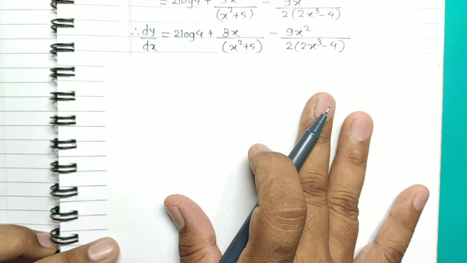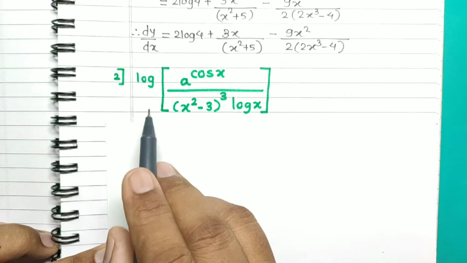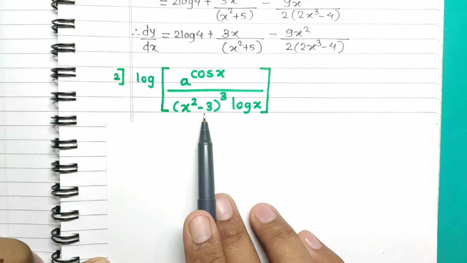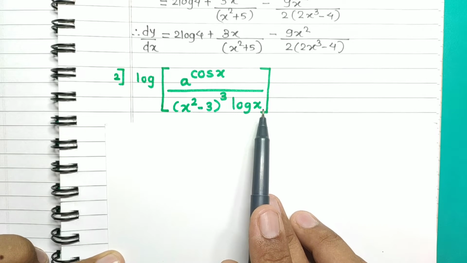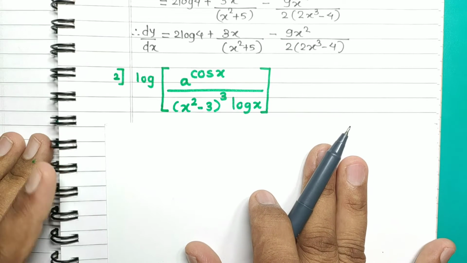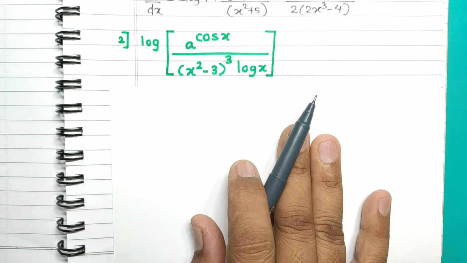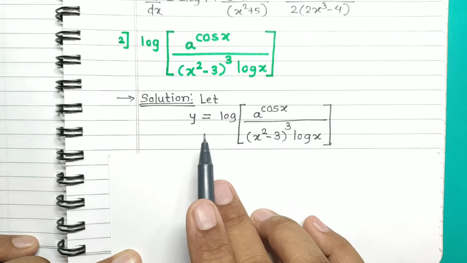Then let's move to the next example. The given function is log of a raised to cos x upon x square minus 3 bracket cube into log x. So we have to find the derivative of this given function. In the solution, let the given function be y.